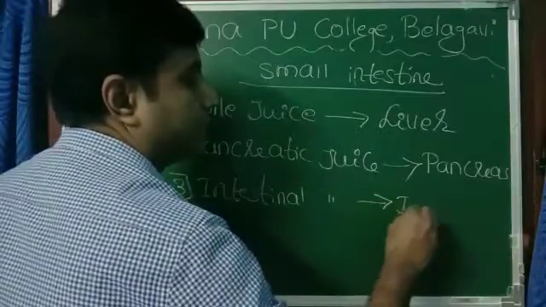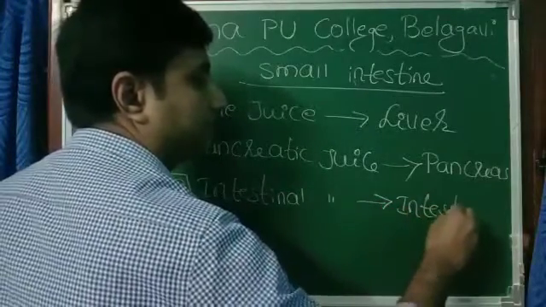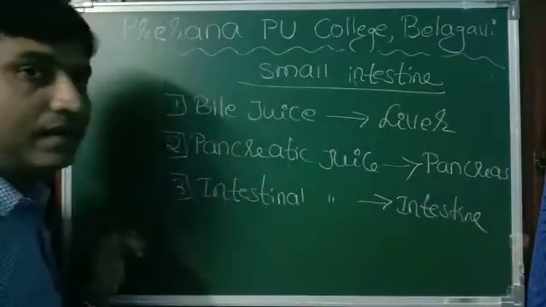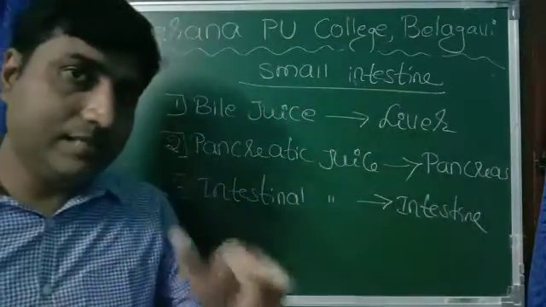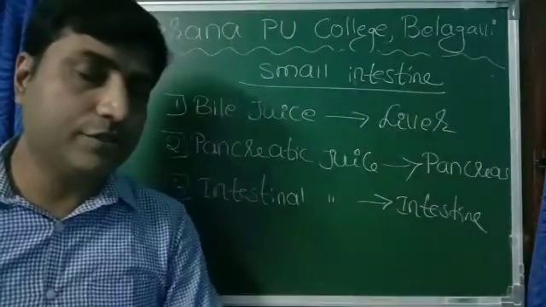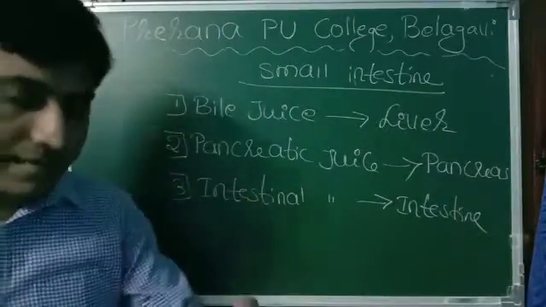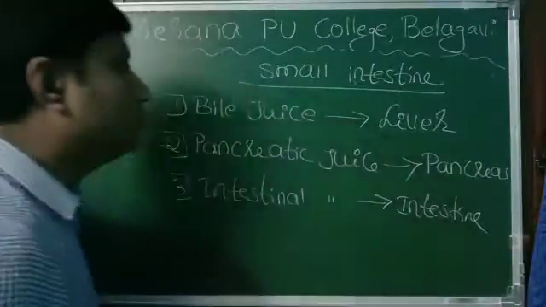Intestinal juice is released from the intestine. These are the 3 main digestive juices that are released when food enters our small intestine. Let us study one by one. First, bile juice from the liver.